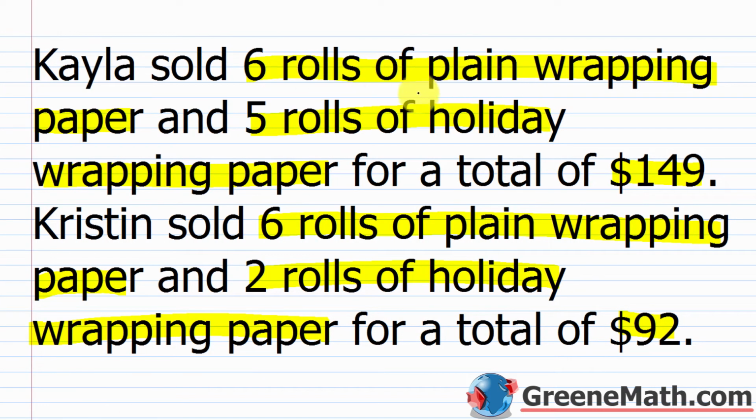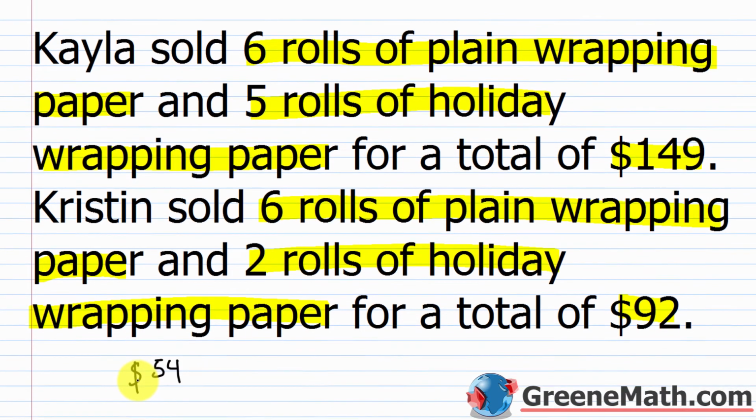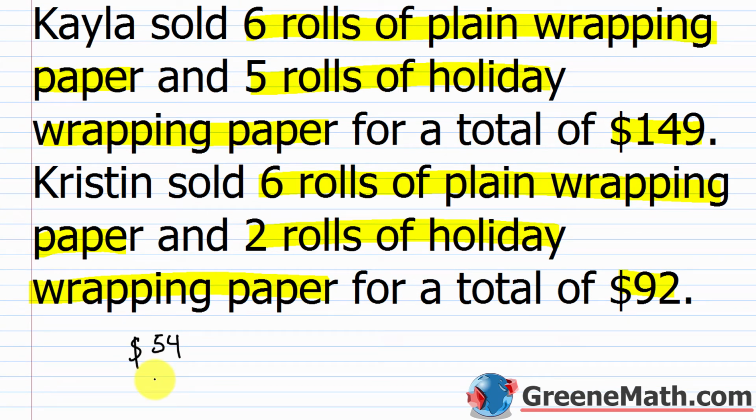So 6 rolls of plain wrapping paper, again, each roll is $9, so that would be $54. And 5 rolls of holiday wrapping paper, again, each roll is $19. 5 times 19 is 95. So you sum these two amounts together, you would get a total of $149. So that part's good to go. Then again, the second part, Kristen sold 6 rolls of plain wrapping paper. 6 times, again, 9 is 54.